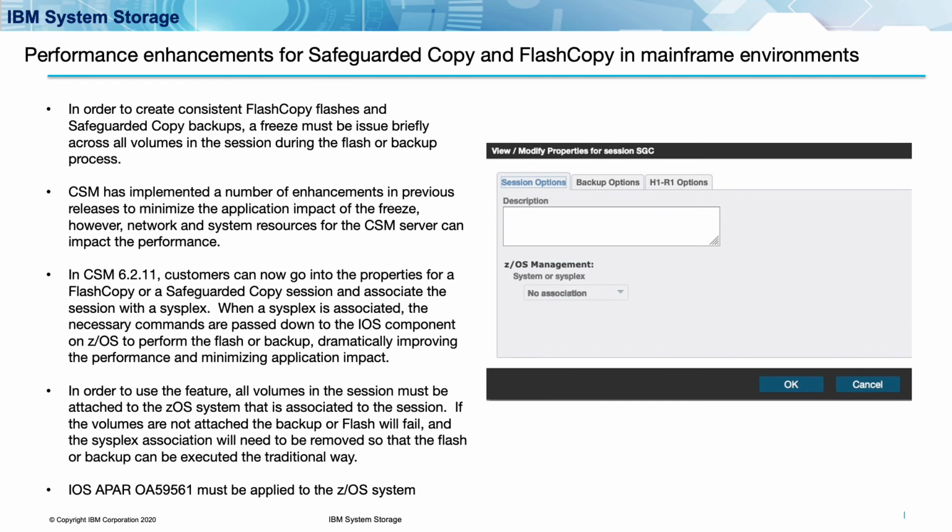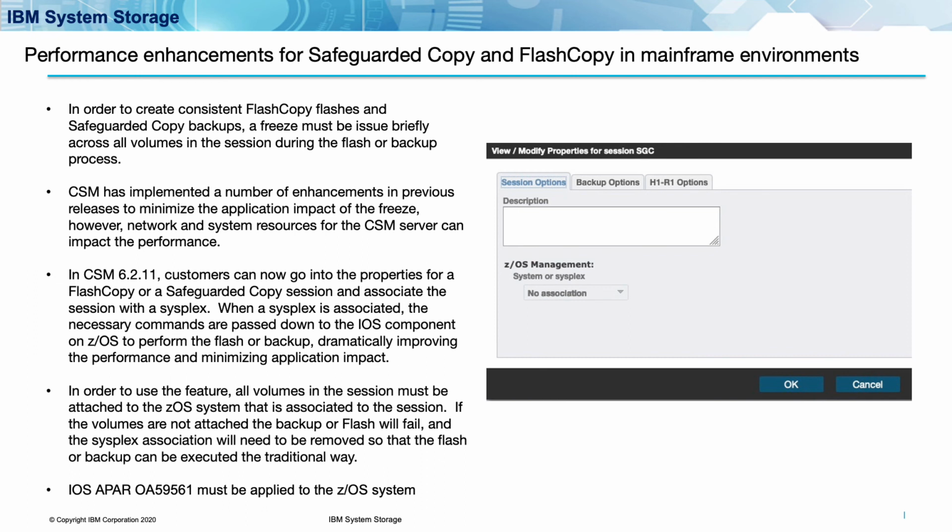What the new feature essentially does is, instead of issuing the flash through our traditional means, which was either an HMC call or a z/OS call, we will build the commands for the backup process, whether it be a flash and freeze and thaw of the flash, or all the steps to do the safeguarded copy backup.